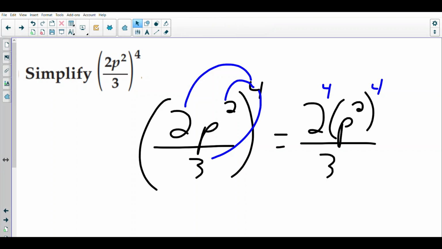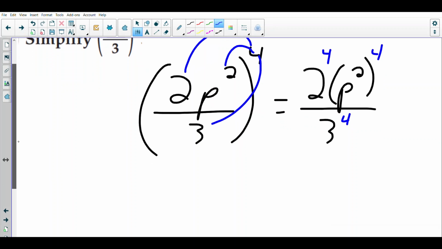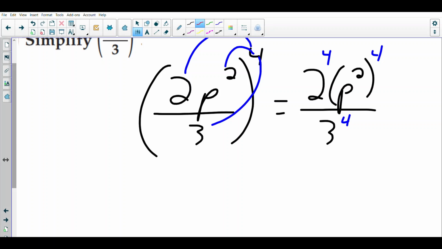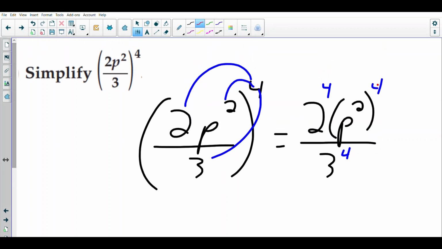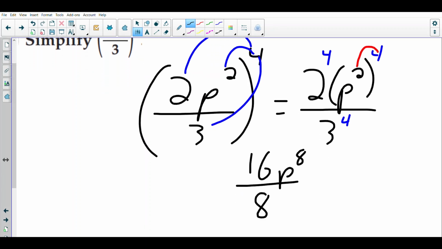Sorry, I had a watermark on my screen I had to get rid of. Now we can apply old properties. This one will multiply because it's a power to a power, so we multiply those. We get 2 to the 4th, which is 16. So we have 16 times p to the 8th over 3 to the 4th, which is 81. And there we go.